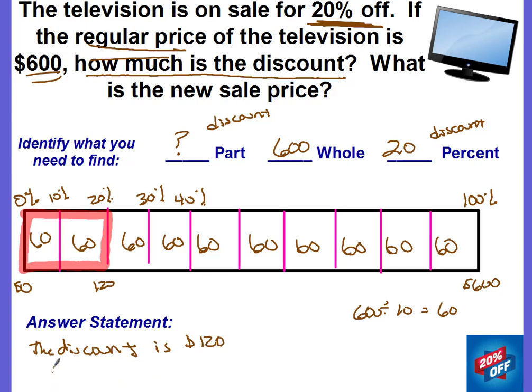And what is the new sale price? So there's 2 ways you could find the new sale price. The first way is to say, hey, if this is the discount amount, then that means that the rest of it is the new sale price.